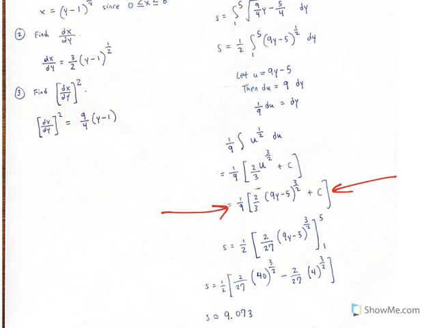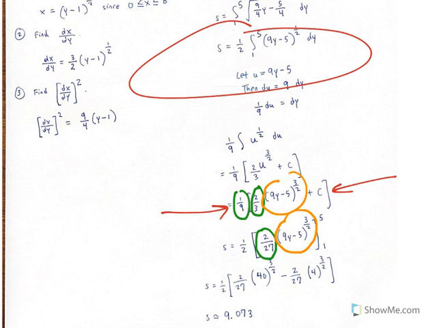I'm not so concerned about the constant of integration, because what I wanted was the antiderivative, which would be 1/9 times 2/3, which is 2/27, multiplied by 9y minus 5 to the 3/2. That's my antiderivative.